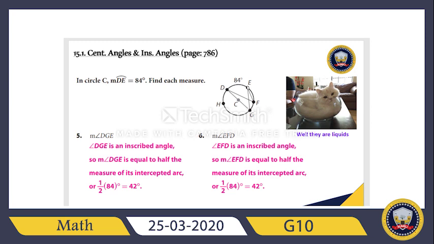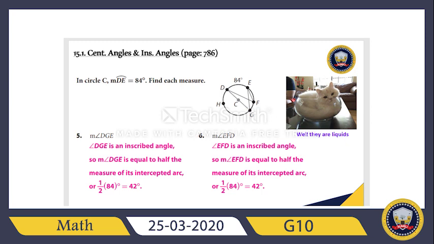Now it's clear. This is an inscribed angle, and this is its intercepted arc. Now the arc is 84, so the angle will be half of that, which is 84 divided by 2, and this is 42 degrees. So the angle DGE is 42 degrees.